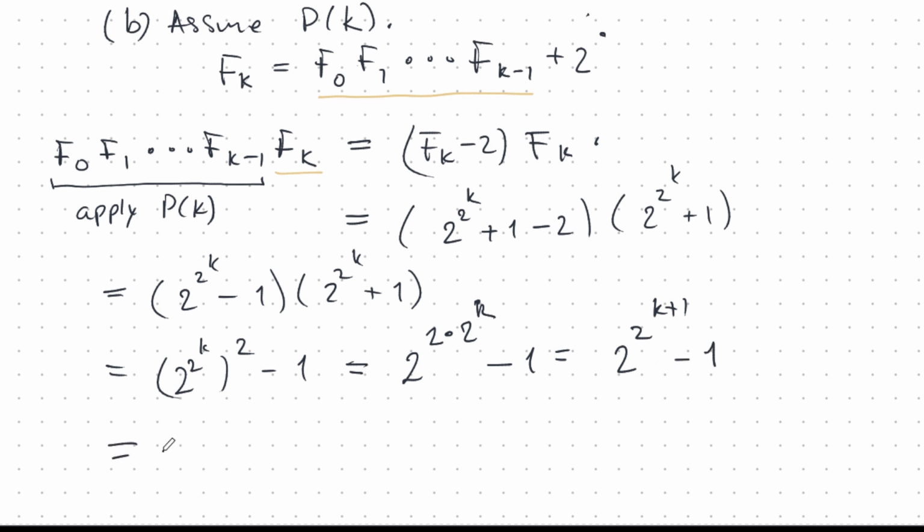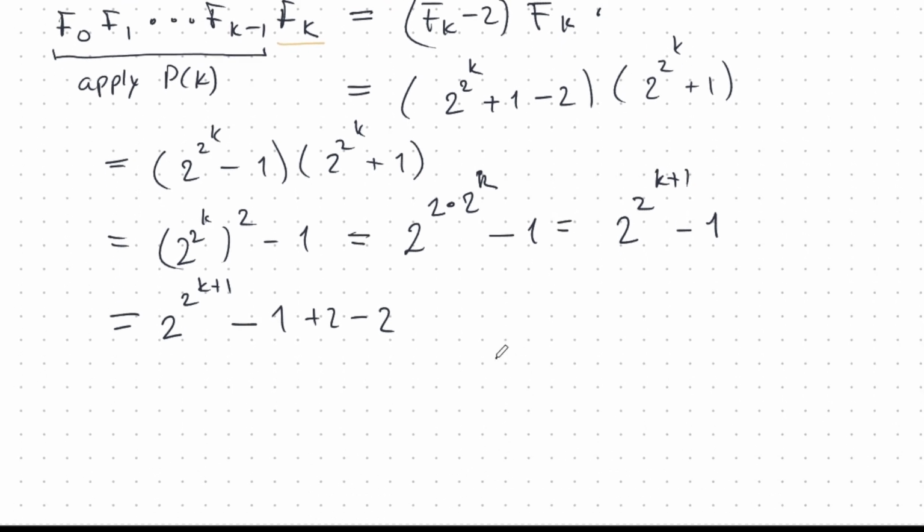All right, so let's do some more magic. 2 to the power of 2k plus 1 minus 1 plus 2 minus 2. I can always add and subtract the same thing. So what do I have now? 2k plus 1. That's plus 1 minus 2. And this is f of k plus 1. So this is f of k plus 1 minus 2. Very good.